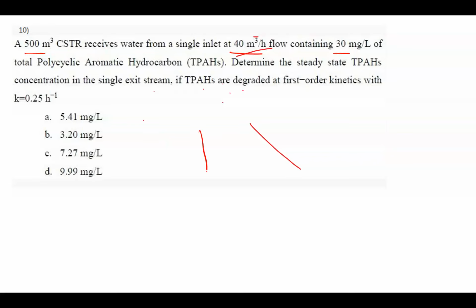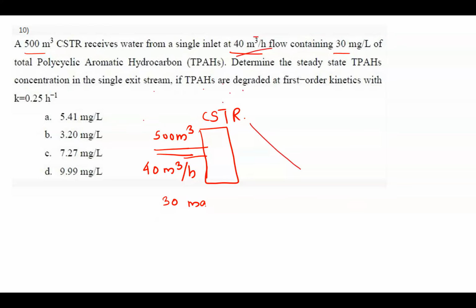This is the CSTR of 500 meter cube, and it receives water at a flow of 40 meter cube per hour. This has 30 milligram per liter of TPH.